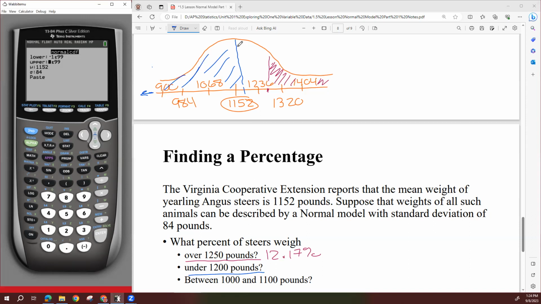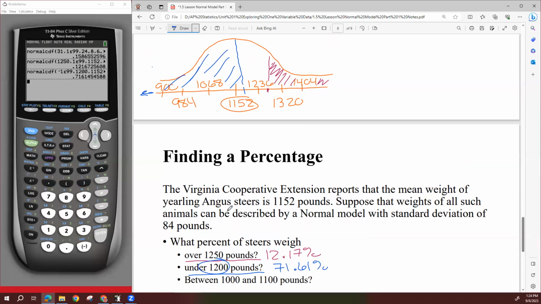Our right side, our upper, is right here, our value of 1,200. We can keep the mean and standard deviation the same for the same problem, and we can get a percentage of 71.61%. So 71.61% of these steers will have a weight that is under 1,200 pounds.